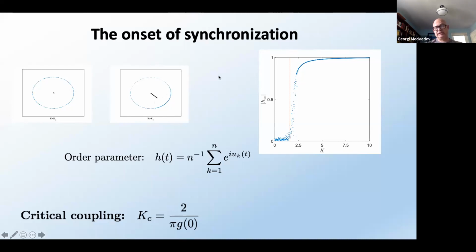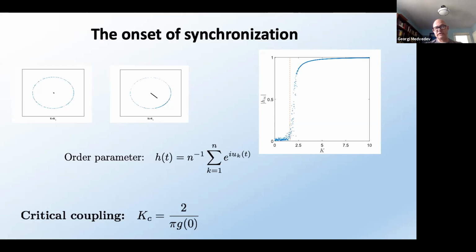This is best seen using the Kuramoto's order parameter, which is a very convenient measure of coherence. If one takes the modulus of this complex quantity, for small values of K we see the order parameter around 0, which corresponds to mixing.